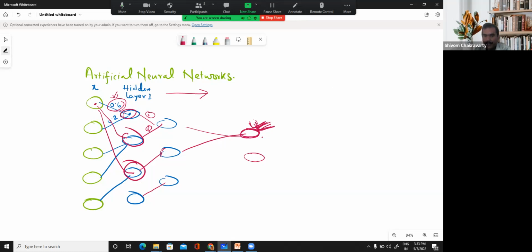The user will again give feedback. So this, in a way, is called back propagation, the giving of feedback by the user. Back propagation in neural networks.